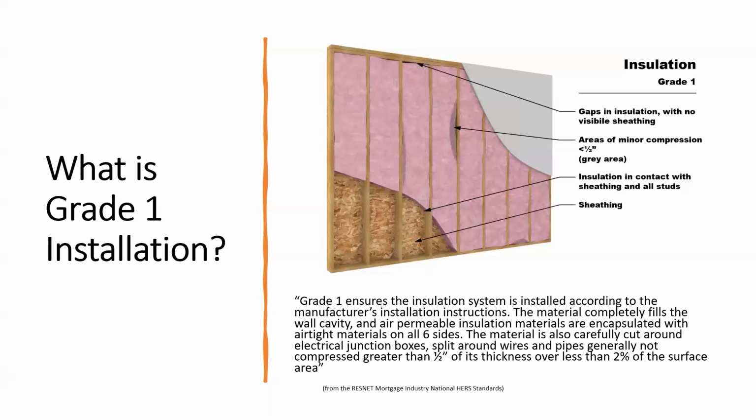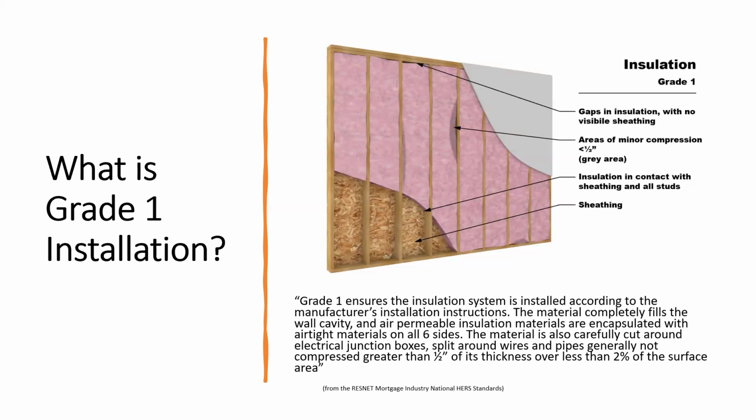The material completely fills the wall cavity. Air permeable insulation materials are encapsulated with airtight materials on all 6 sides. The material is also carefully cut around electrical junction boxes, split around wires and pipes, generally not compressed greater than 1/2 inch of thickness over less than 2% of the surface area.